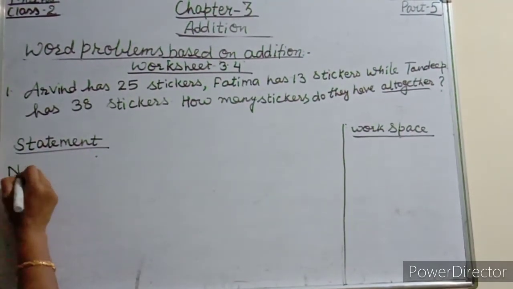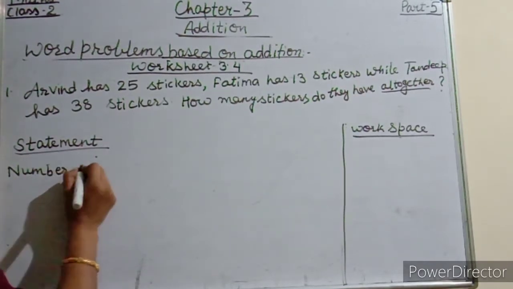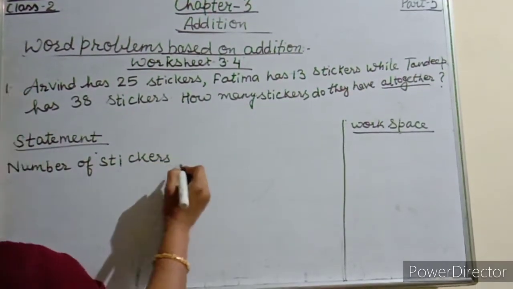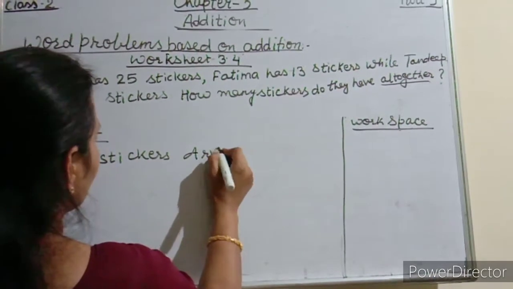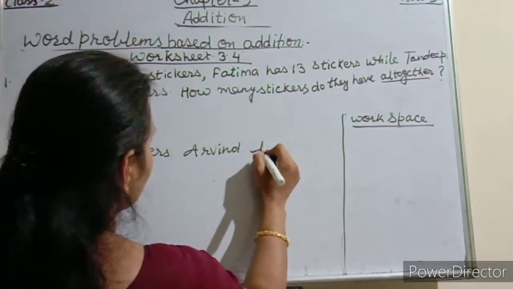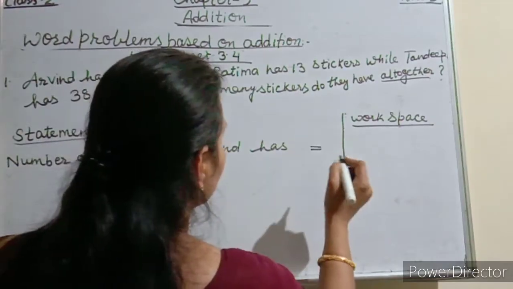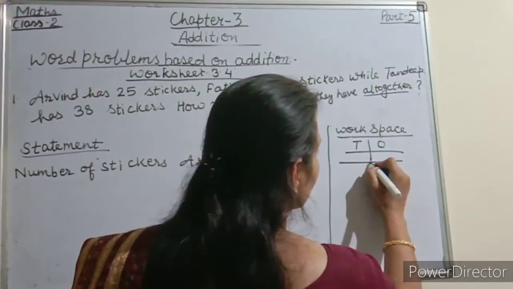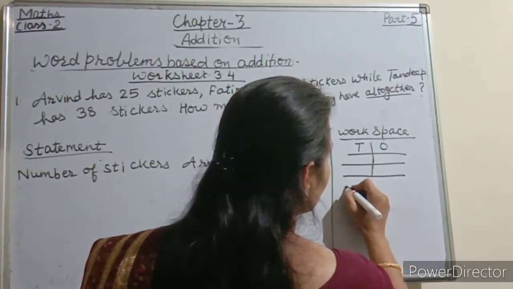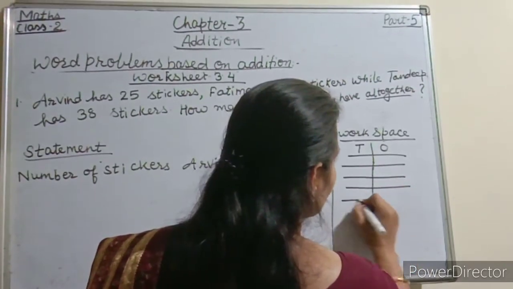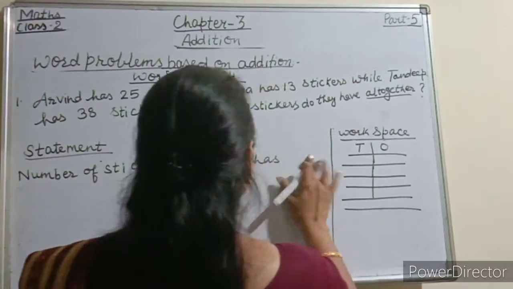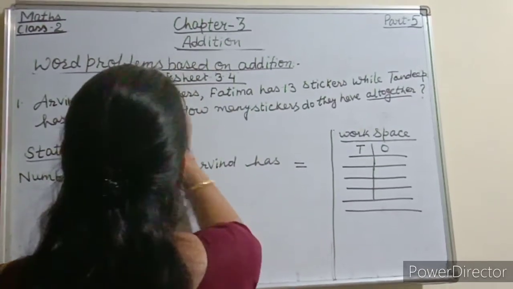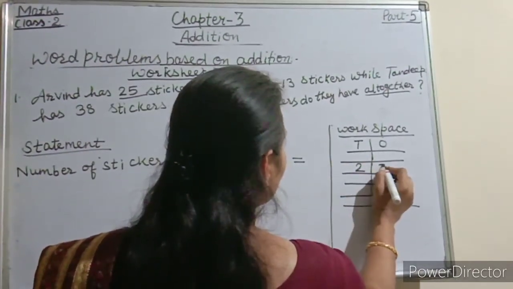Number of stickers Arvind has is equals to, how many stickers? 25. So write here 25.